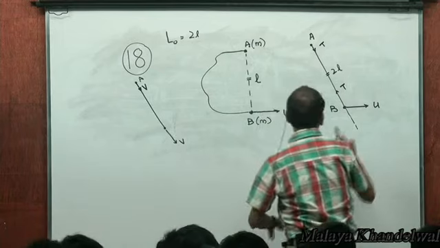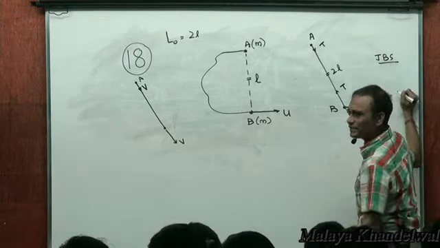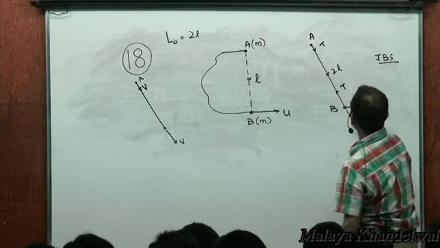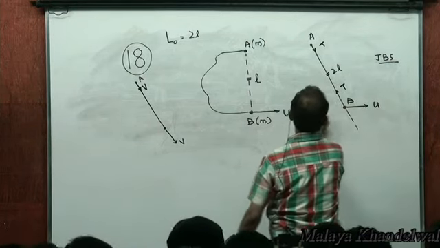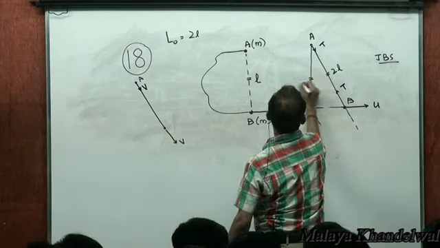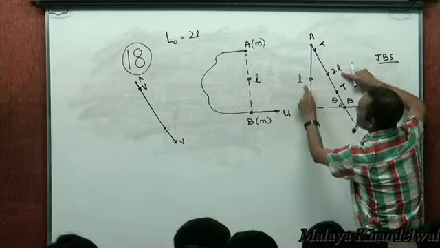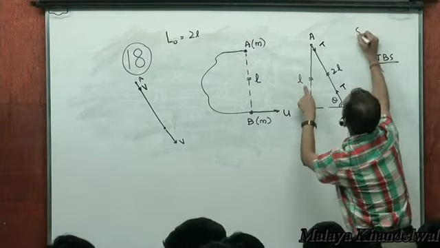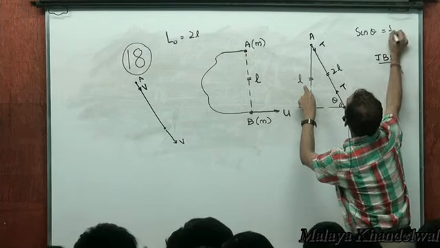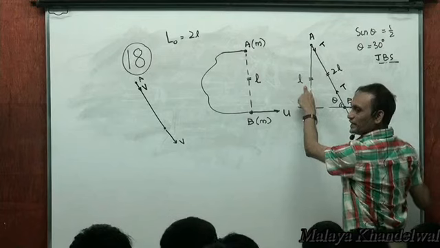However, just before completely straightening, this length was L, this is theta. Realize that sine theta is half, so theta must be 30 degrees, right?